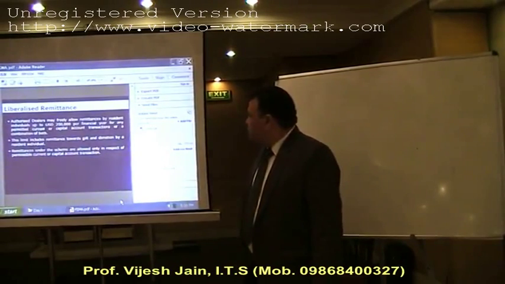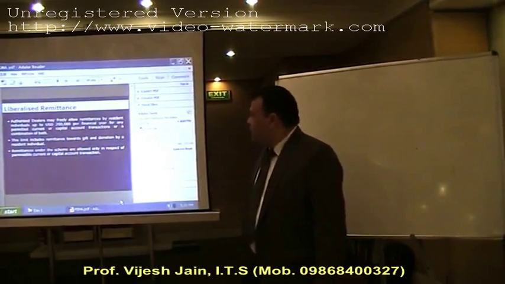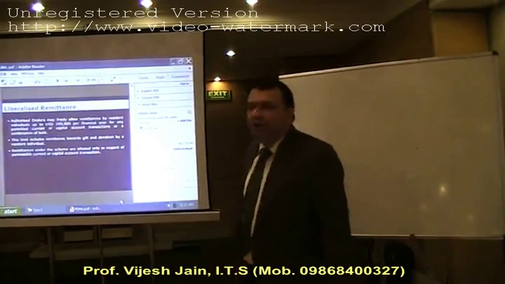Now this is very important. Limit includes remittance towards gifts, donations by resident individuals. Remittances under the scheme are allowed only in respect of permissible current and capital account transactions.